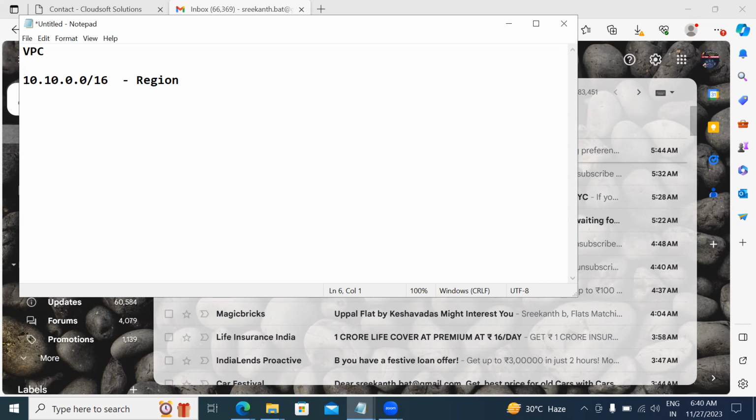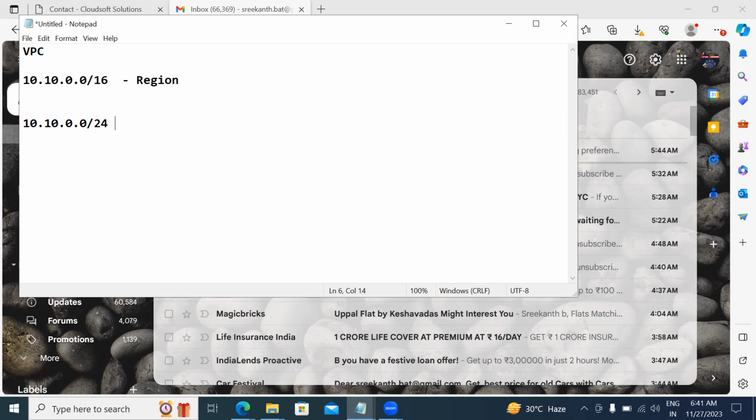Okay, and this I'm going to split; say I use /16, right? That is the reason the first 16 bits are fixed. That means the 10.10 is fixed, the network IPs. Okay, then I'm going to give 10.10.0.0/24. That means in total I have 65,536 IPs.